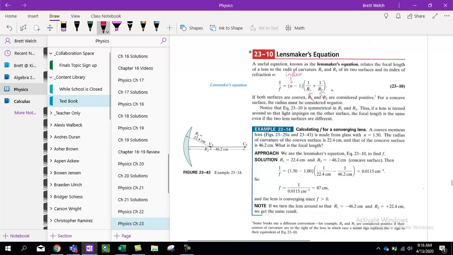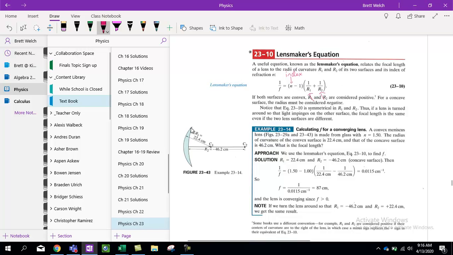Here's the deal. At the end of the day, it doesn't matter which one's R1 and which one's R2. You could say R1 is the one that first has light, and R2 is the second one. It doesn't really matter as long as we use both of them, because it's an addition problem. However, we do need to distinguish between positive and negative radii of curvature.